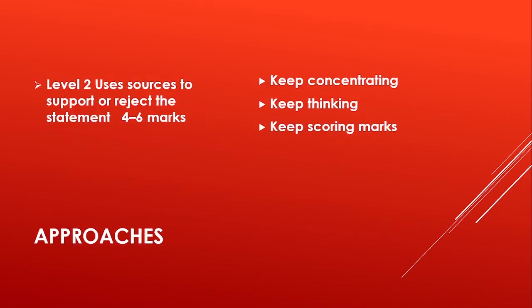So, having avoided the worst possible score, how do we target a top score? Some initial points. You can deal with the sources in a straightforward manner, starting with the first and ending with the last, and explaining how they fall on each side of the debate. And you can score really good marks with this approach.